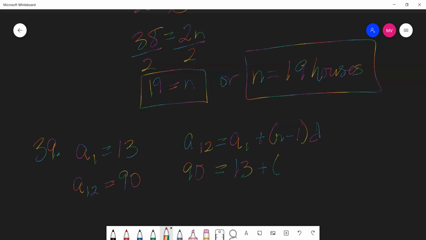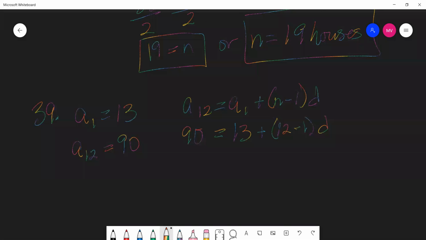So N must equal 12 minus 1, and D is our unknown. So we end up with 90 equals 13 plus 11D, right?